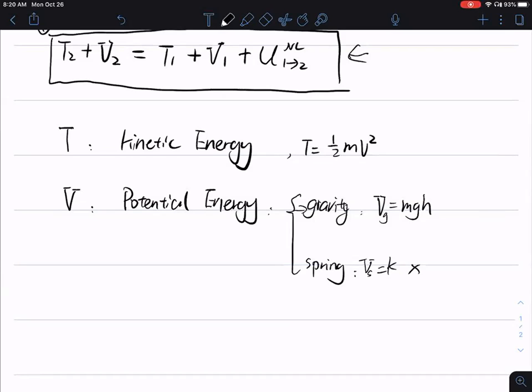We're pretty close. To calculate potential energy from a spring, we definitely need the spring constant K, and also the X, which is the deflection in the spring. But the correct equation is this. For spring potential energy, it's 1/2 K times delta X squared.